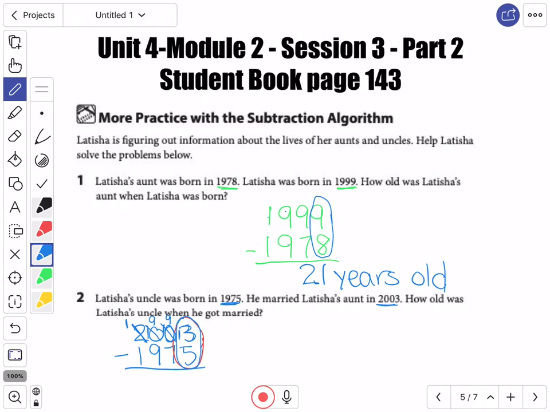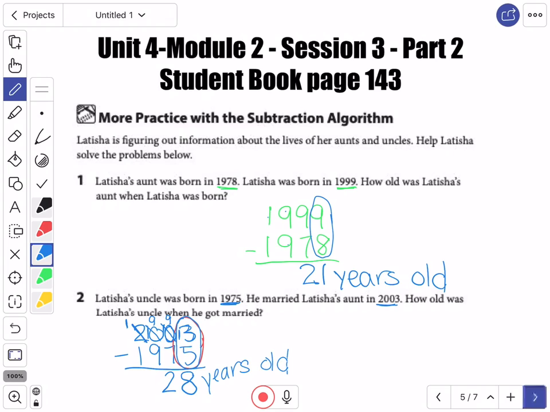Now I am officially able to subtract. So 13 minus 5 is going to equal 8, okay? And then 9 minus 7 equals 2. And once again, 9 minus 9 is nothing, and 1 minus 1 is nothing. So Letitia's uncle was 28 years old when he married Letitia's aunt. So there's the answer to that one.